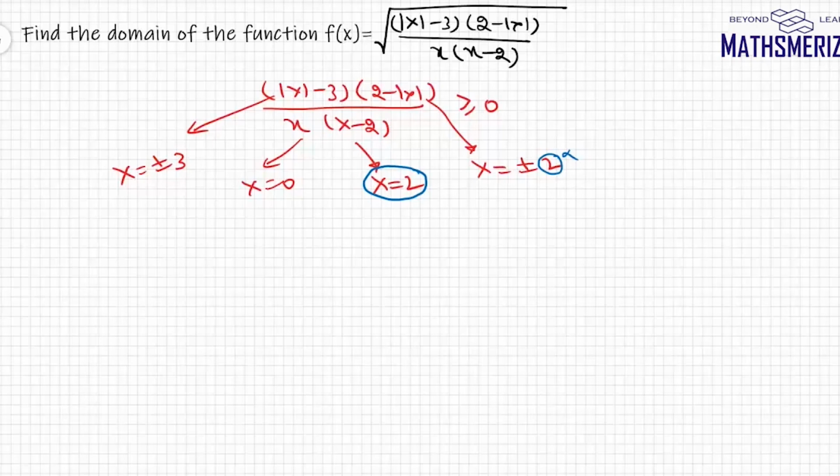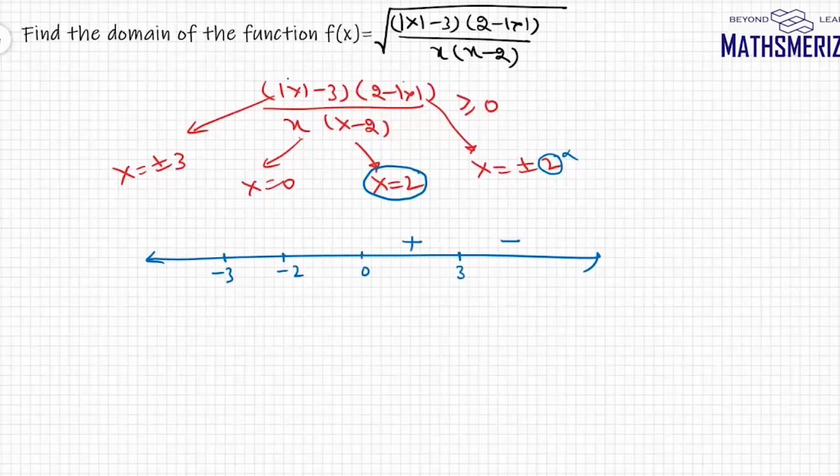Because x equal to 2 features here and here at both the places, effectively there will be no sign change at 2. So what I'll do is plot these numbers on a number line. So this is minus 3, minus 2, 0, and then here it will be 3. Now what is the sign of the rightmost? Plus, minus, plus and plus will be minus. So minus, plus, and minus. Now what do I need? I need greater than or equal to 0. So I need plus. Now because there is an equality sign, I have to include roots of the numerator.